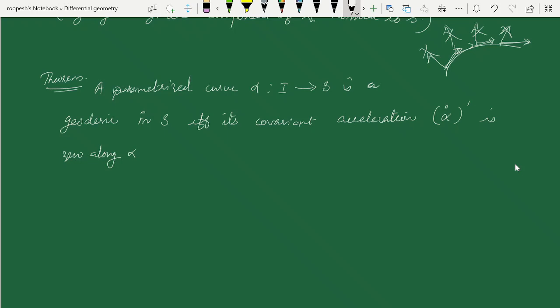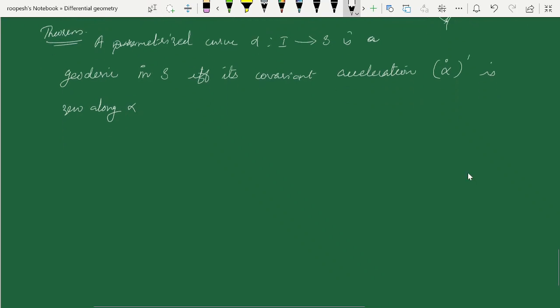So we want to prove that a parameterized curve alpha is a geodesic. What was a geodesic? The acceleration is everywhere orthogonal to S, right? So alpha is a geodesic in S if and only if its covariant acceleration is zero along alpha.